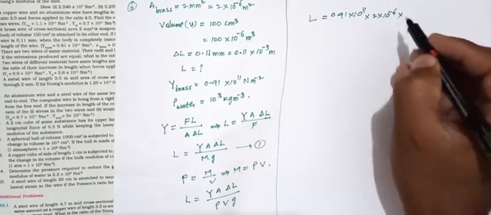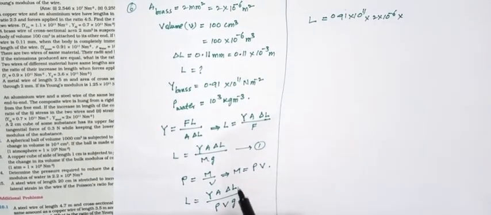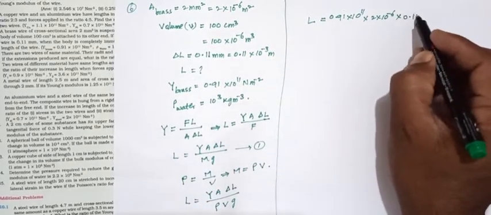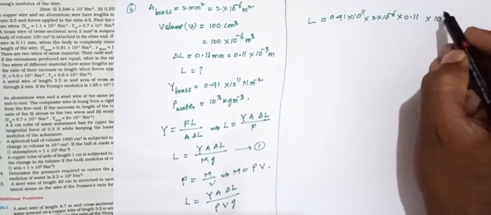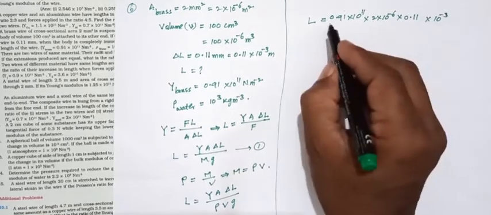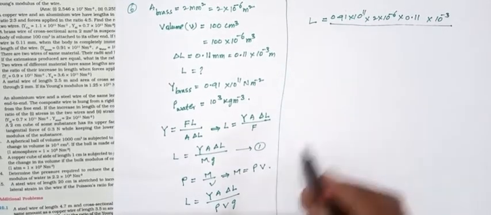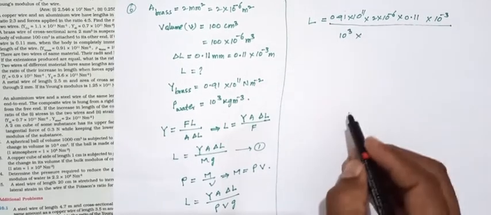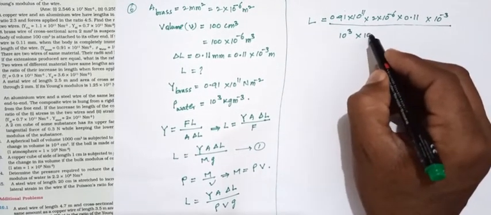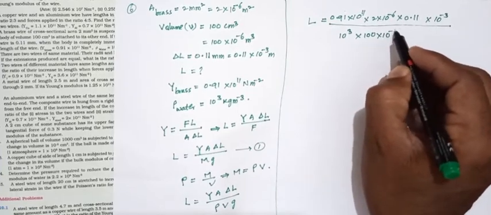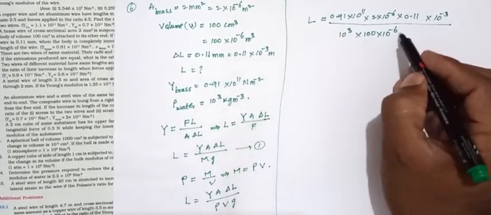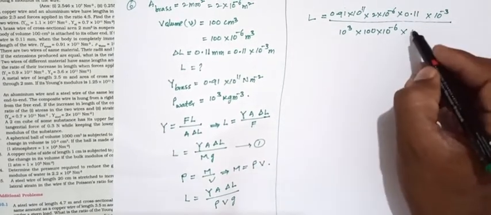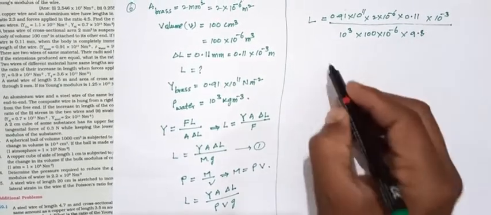So into delta L equals 0.11 into 10 to the power of minus 3 divided by, so rho equals 10 power 3, the density of water, volume equals 100 into 10 to the power of minus 6, into acceleration due to gravity 9.8.